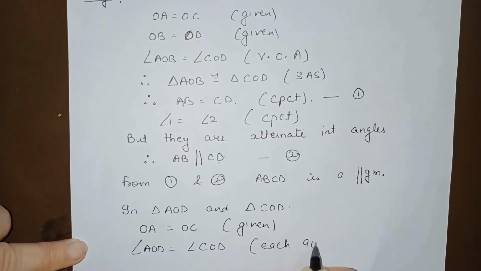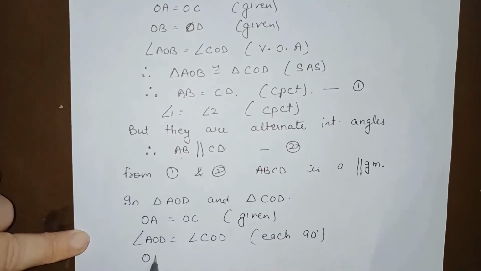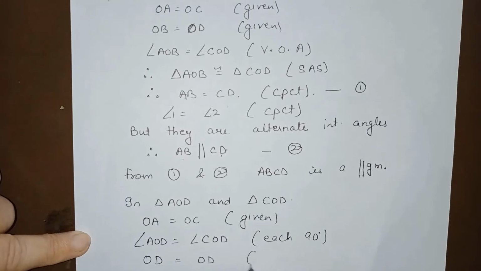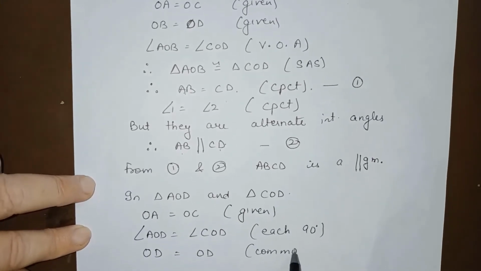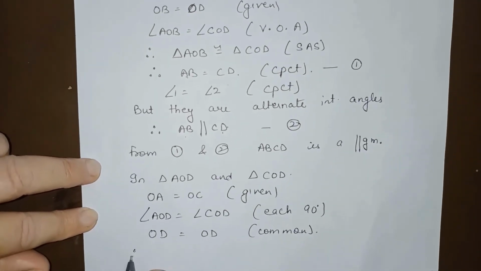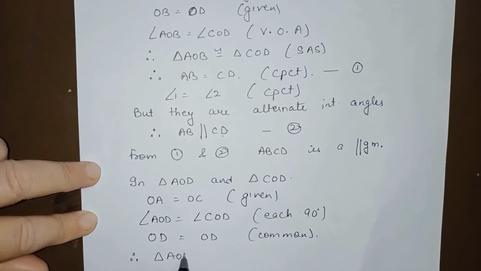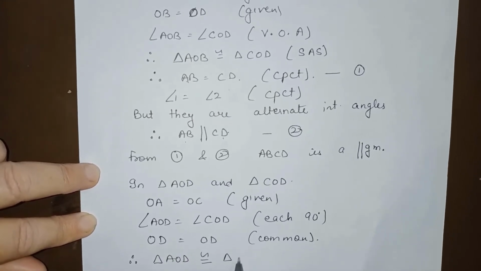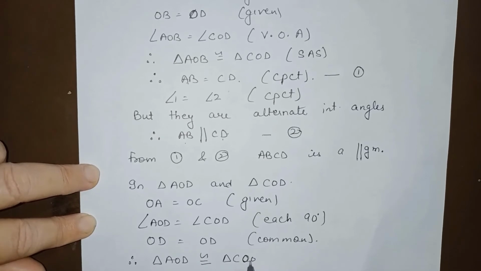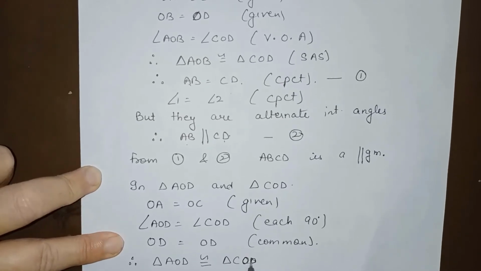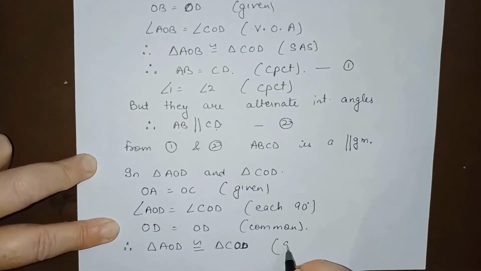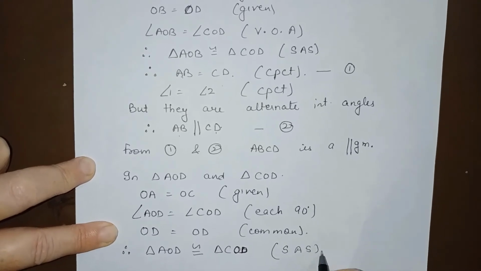This is also given. OD is equal to OD. This is common. Therefore, triangle AOD is congruent to triangle COD by SAS.